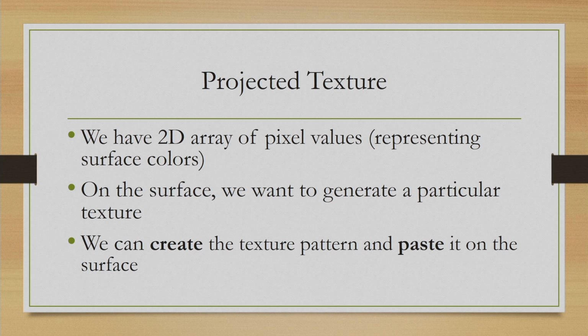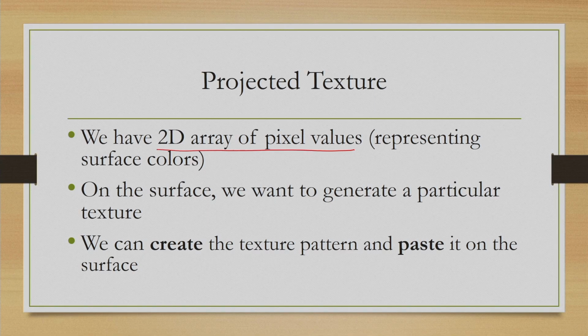The idea is very simple. When we say we have generated a colored image, that means we have created a 2D array of pixel values after, of course, the entire pipeline stages are completed, and we have completed the 5th stage, that is scan conversion also.